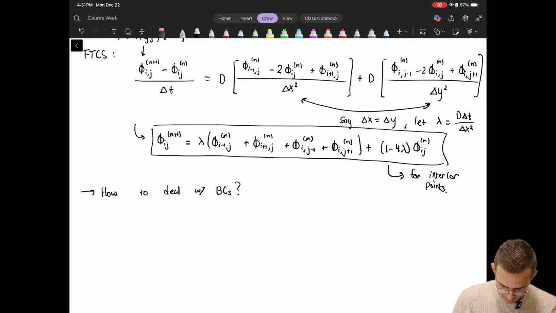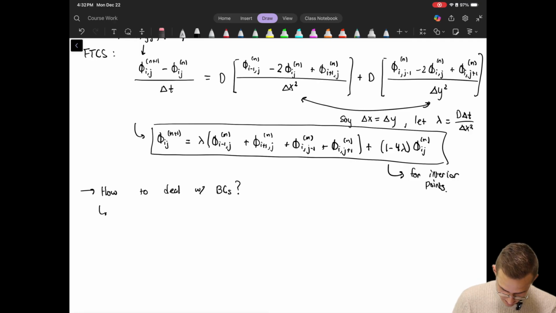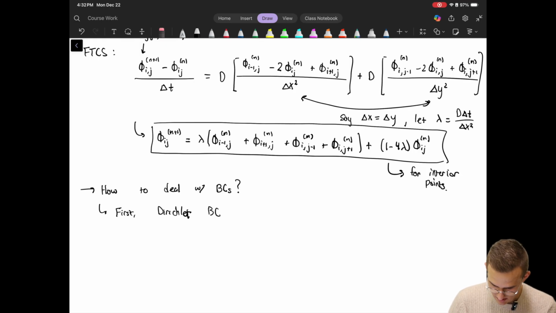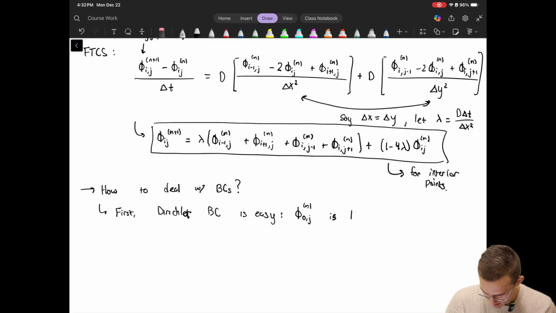Okay, well, first off, the Dirichlet boundary conditions is easy, right? Because that's just where we say that phi_{0,j}, for any y value at time step n is known for all j and n.